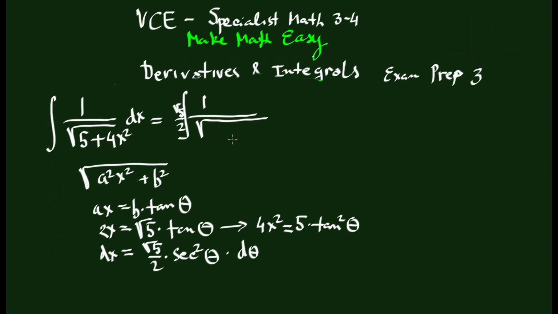We have 5 plus 5 tangent squared of theta.